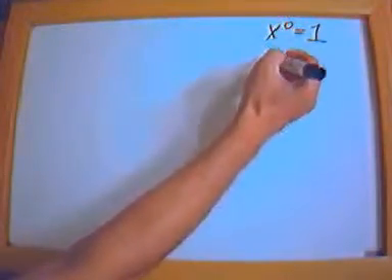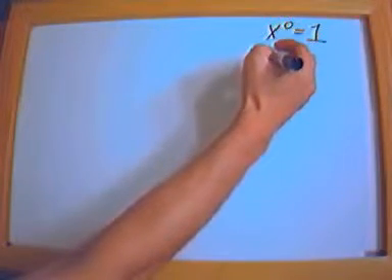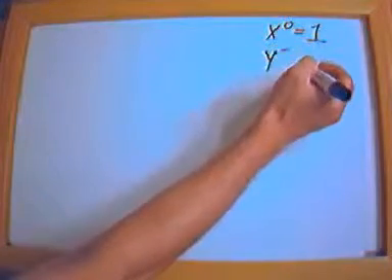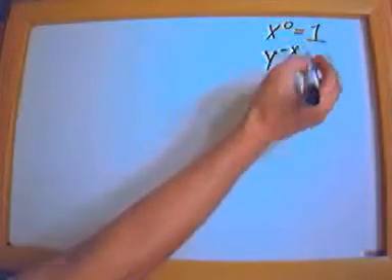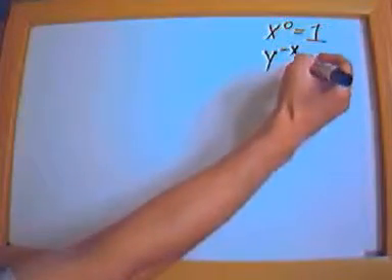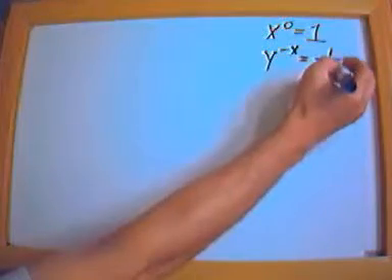The second thing is, I'm just going to pick a different variable to be cute. Let's say y raised to the negative x, where y is some number and x is some number, is the same thing as 1 over y to the x.